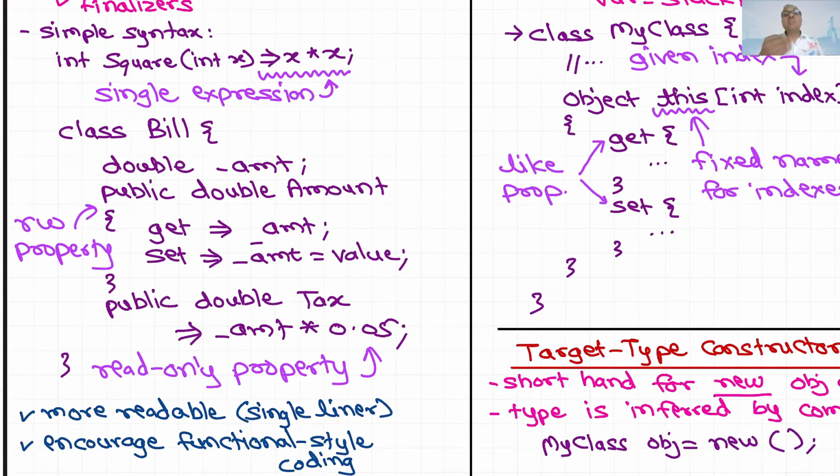So it is a read-only property where we are only reading the value, not modifying it. This syntax makes your code readable for single liners. You need not write curly brackets and put a single line of code in them. This typically encourages functional style coding, exactly similar to the coding we had written with lambda expressions. Now, this is the basic syntax.